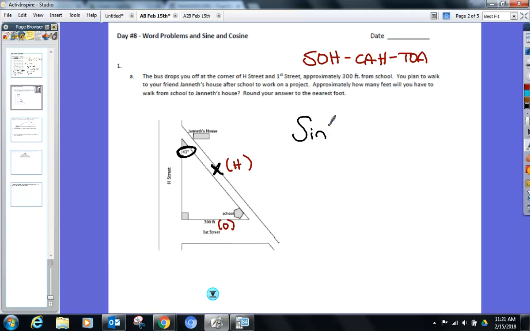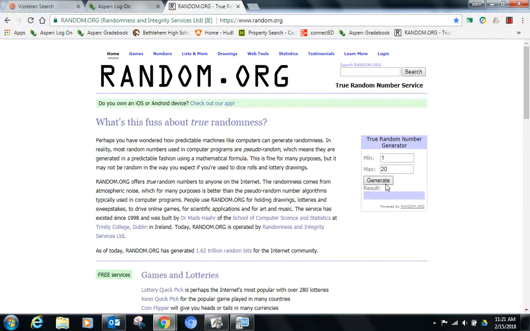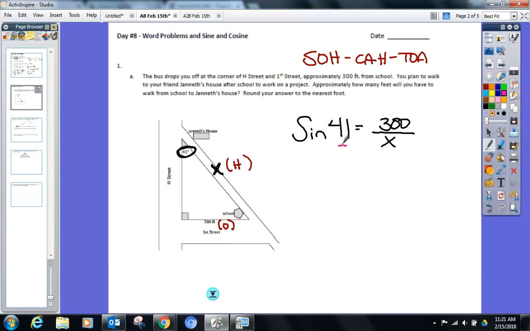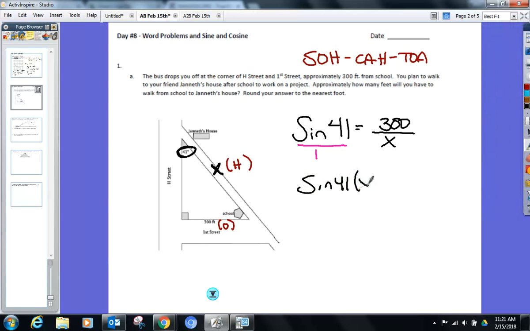So the sine of 41 is going to be equal to opposite over hypotenuse. What's that ratio going to look like before I solve it? 300 over x. We did a ton of these for homework and yesterday in class. Make it into a proportion and cross multiply. So sine of 41 times x will be equal to 300.